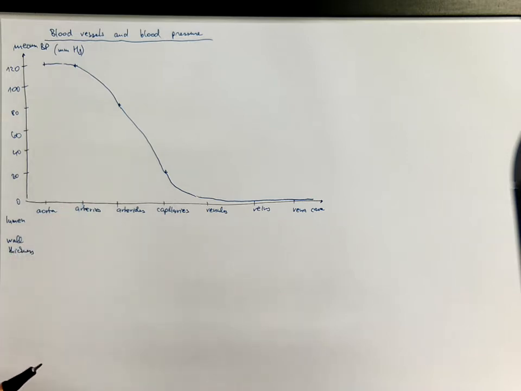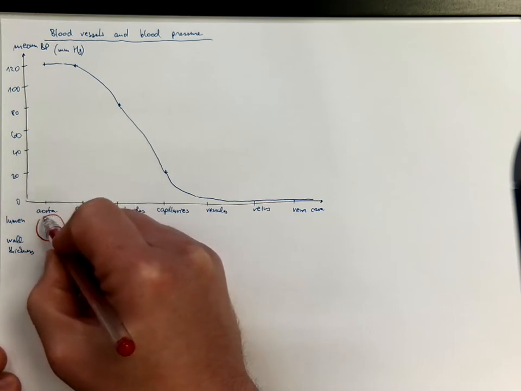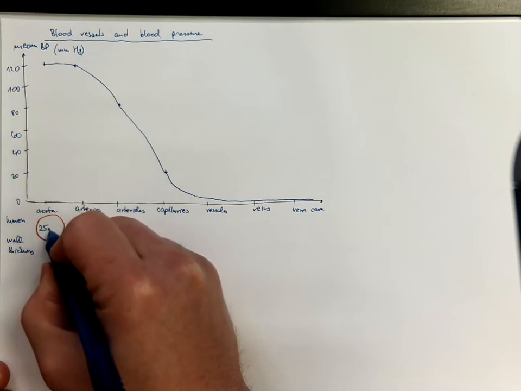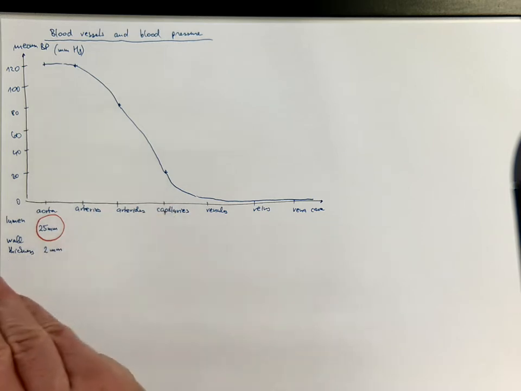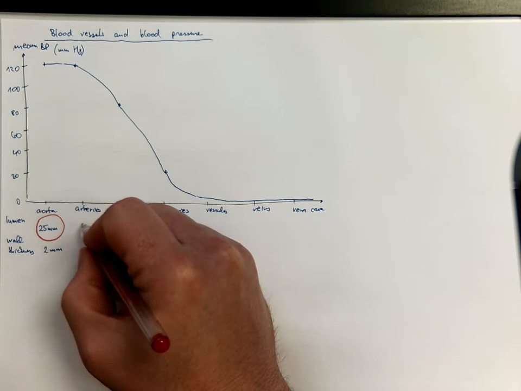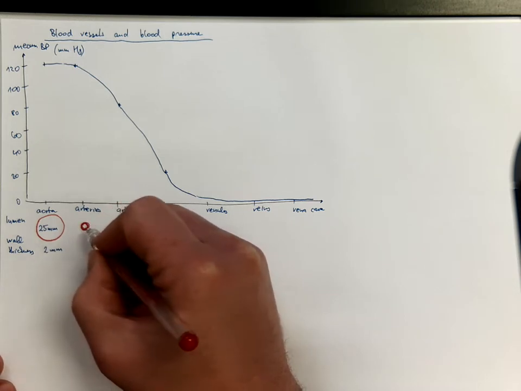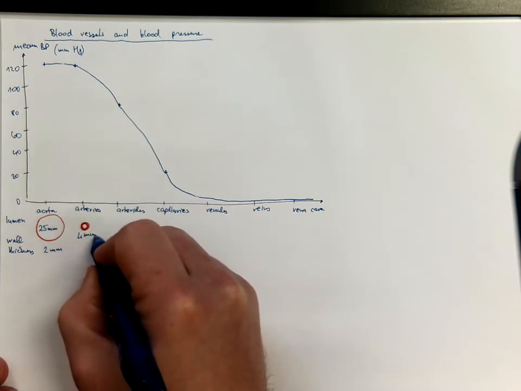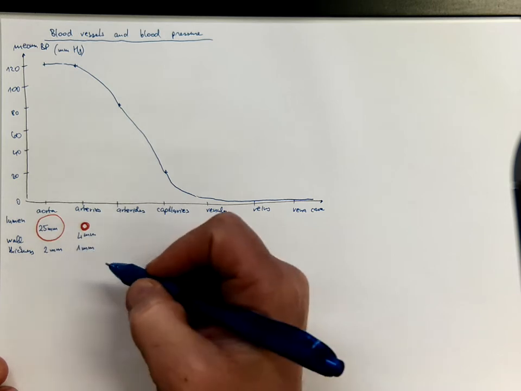The aorta is a ring with a diameter of approximately 20 to 25 millimeters, and the wall thickness would be like 2 millimeters. In arteries of various size, the diameter could be, for example, 4 millimeters, and such an artery has a wall thickness of approximately 1 millimeter.